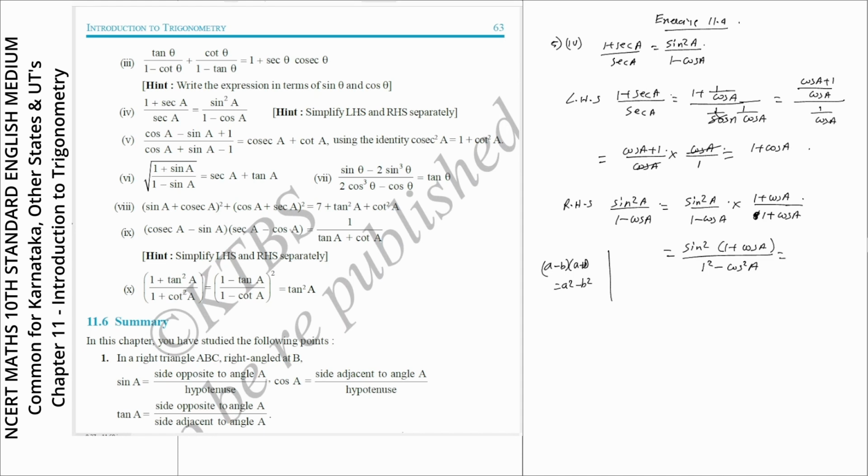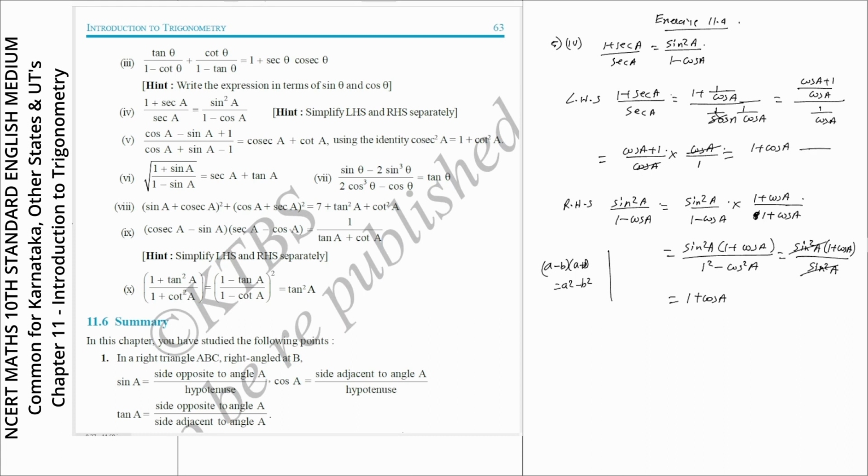So now this is equal to 1 by sin square a into 1 plus cos a. So 1 minus cos square a is sin square a. Okay, sin square will get cancelled. I will be left with 1 plus cos a only.